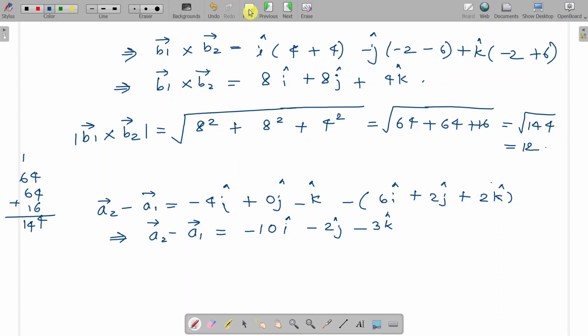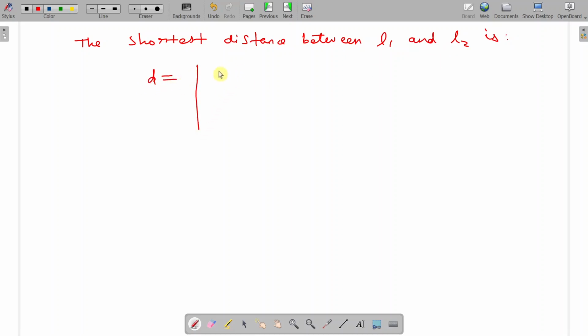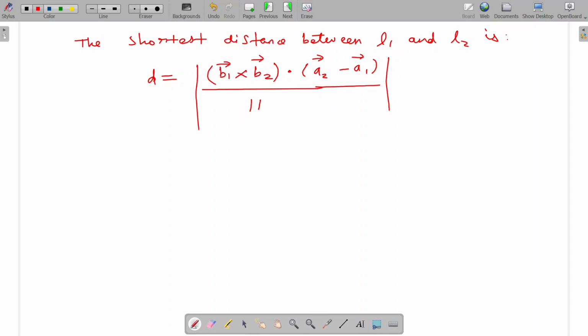Now we can find the shortest distance between the two lines. So the shortest distance between L1 and L2 is, do you know the formula? D is equal to modulus of b1 bar cross product b2 bar dot product a2 bar minus a1 bar, modulus close, divided by magnitude of b1 bar cross product b2 bar.